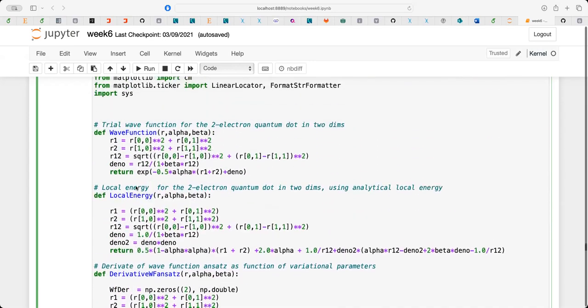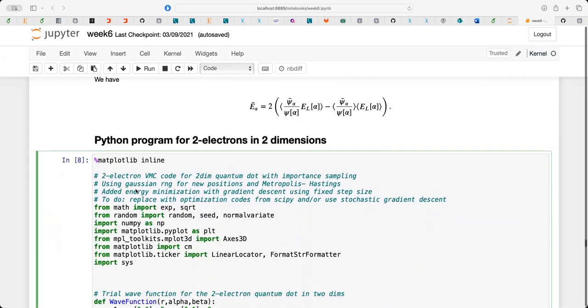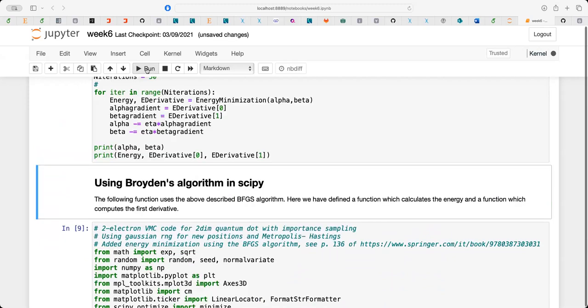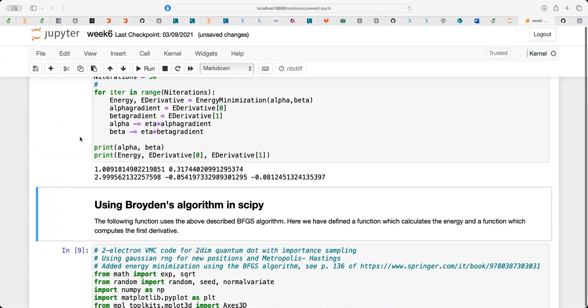So if we run this one, let's just redo that. And this is going to take a little bit of time. Now, when you use Broyden's algorithm, you need to set up a function which calculates the energy, but you need also to provide a function which calculates the derivatives.